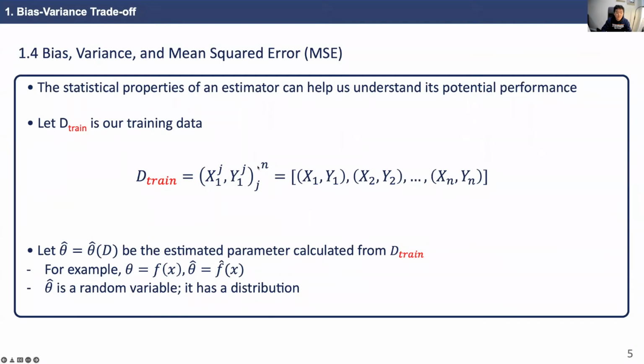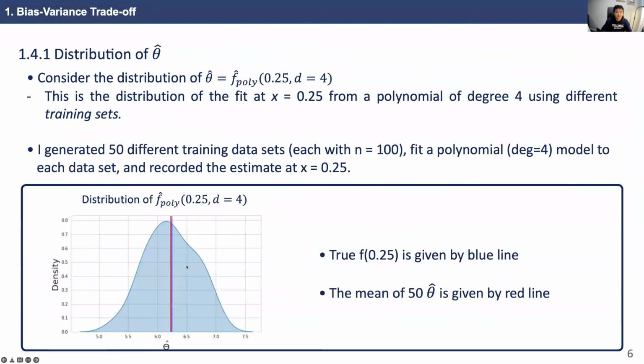So if we put 50 here, we're going to have 50 data sets. For example, theta here is the true value from the true function, and theta hat is the value from the estimated function. And theta hat is also a random variable, which means it has a distribution.